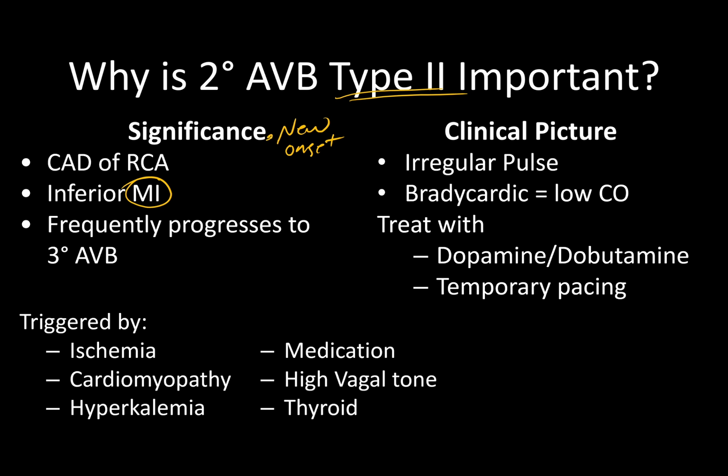Because anytime it's new, it means something changed. So we always think about a heart attack. If it's a heart attack, it is likely the right coronary artery that's responsible. Regardless of that part, if this second degree block occurs and then begins to worsen, that progression into third degree block is what we're really concerned about.